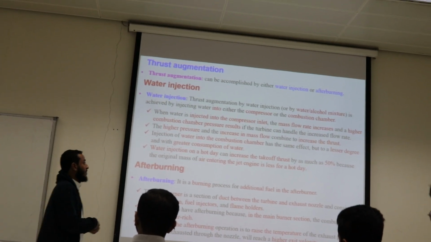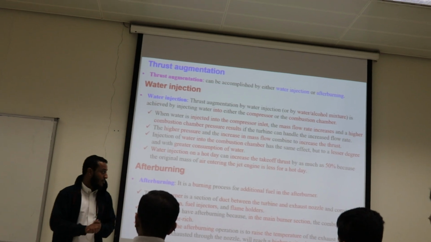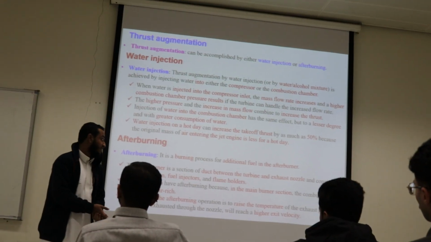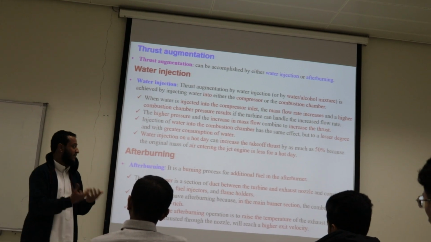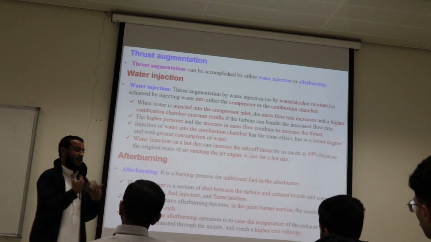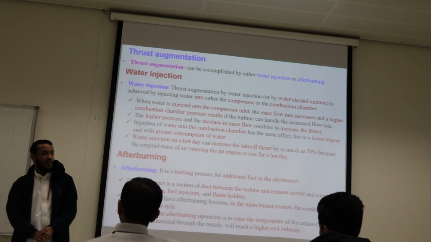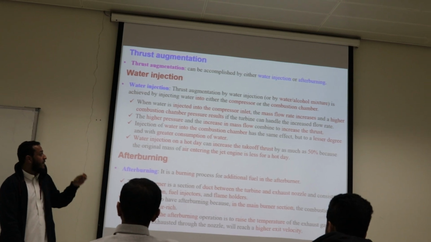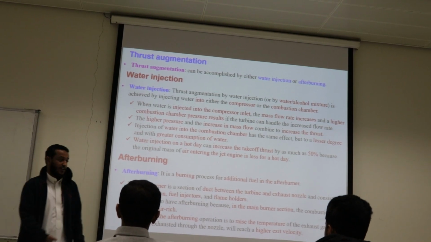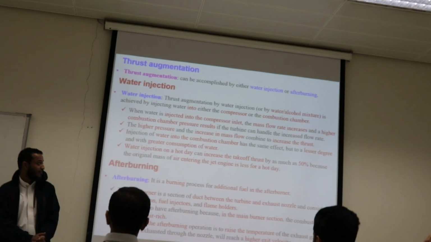So when it goes to the combustion, we will have more thrust generated. We can also inject the water inside the combustion chamber, but it consumes a lot of water because it's very hot. And injecting water inside the combustion chamber can give us more than 50% thrust generated during takeoff.